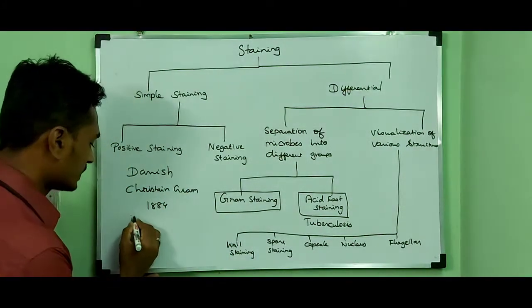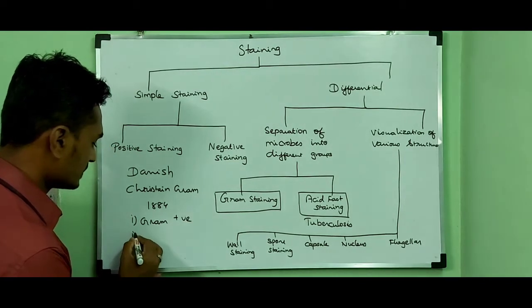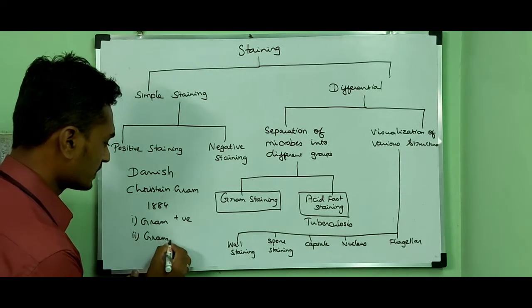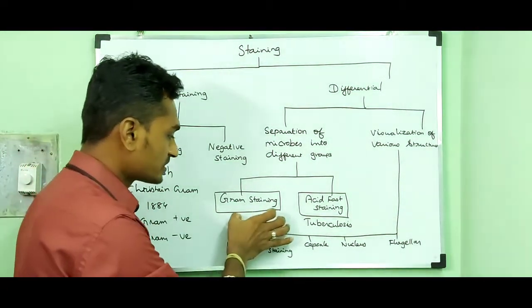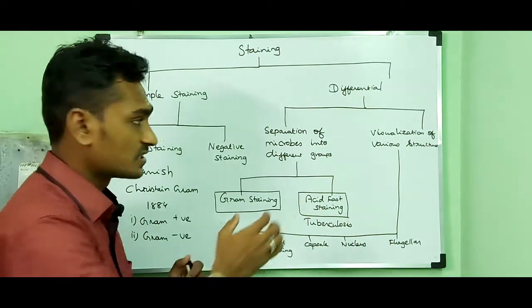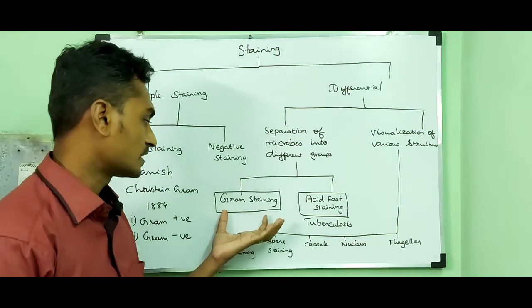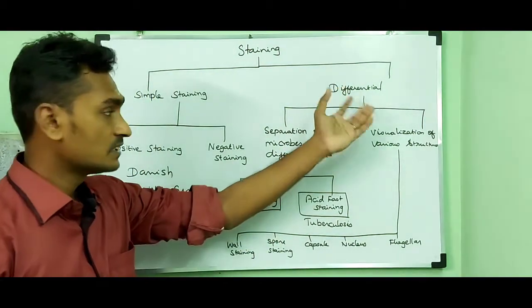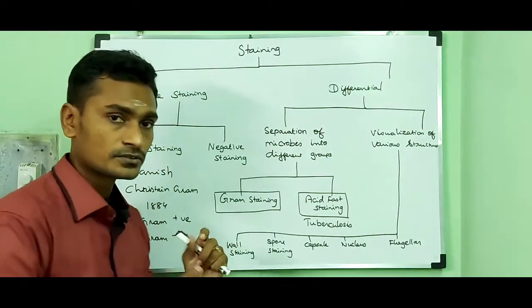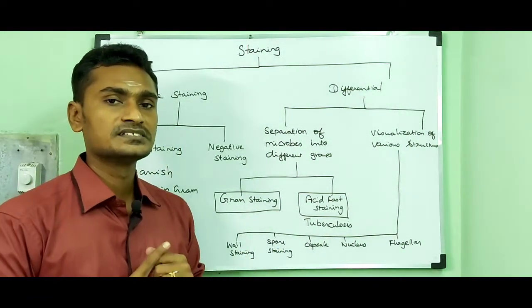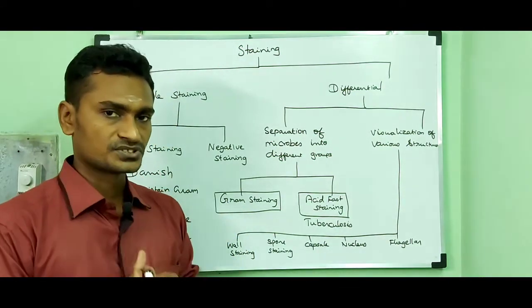They are gram positive bacteria, then gram negative bacteria. This gram staining procedure comes under differential staining procedure, that means we are going to use more than one reagent and it exhibits different staining.